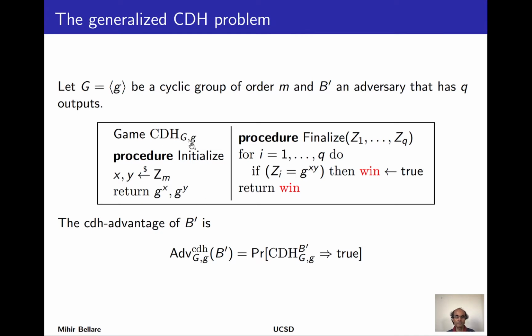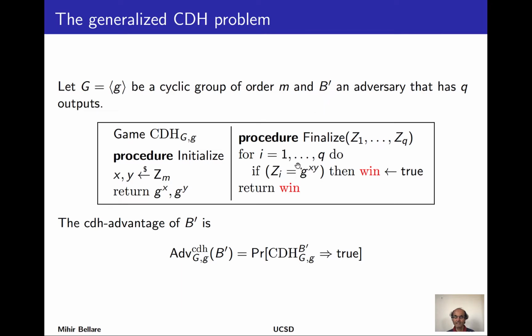We write the game with the same notation. The initialize procedure, as in the CDH game, picks two random exponents and returns the corresponding group elements g to the x, g to the y. Finalize, in our original CDH problem, took one group element as input, but now it takes Q of them, where Q is some parameter associated to B prime.